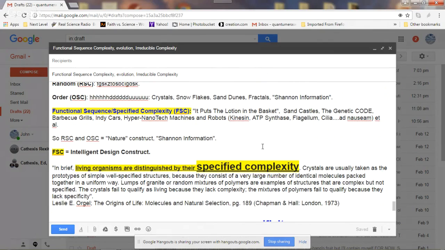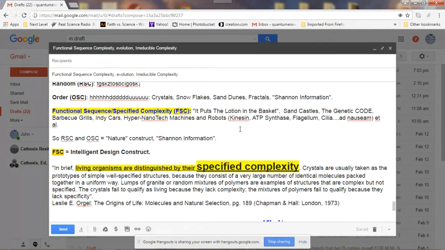These are examples: it puts the lotion in the basket, sandcastles, the genetic code, barbecue grills, Indy cars, hyper nanotech machines and robots, like I just showed with Kinnison, ATP synthase, flagellum, cilia, and thousands of others. So random sequence complexity and ordered sequence complexity, that equals a nature construct, or like I said before, Shannon information.